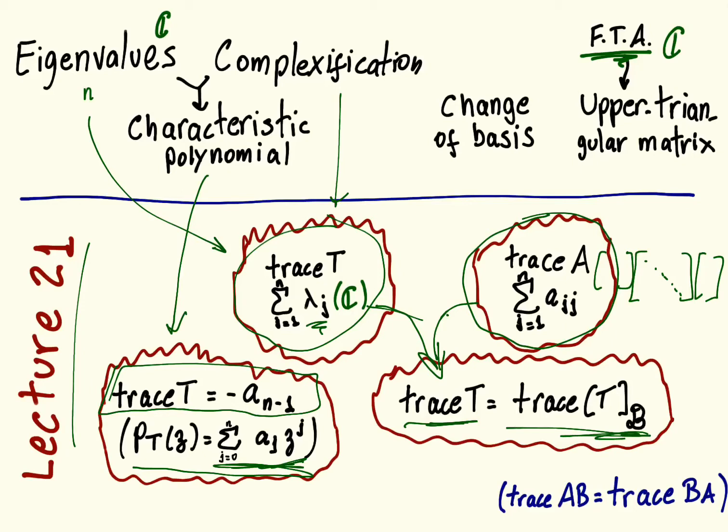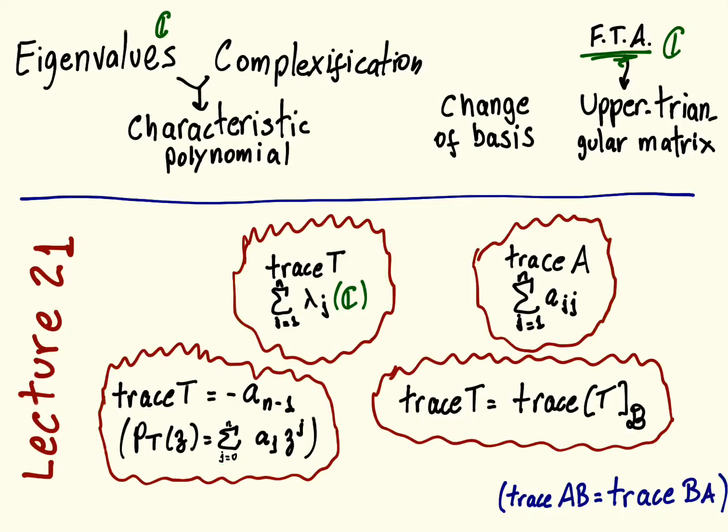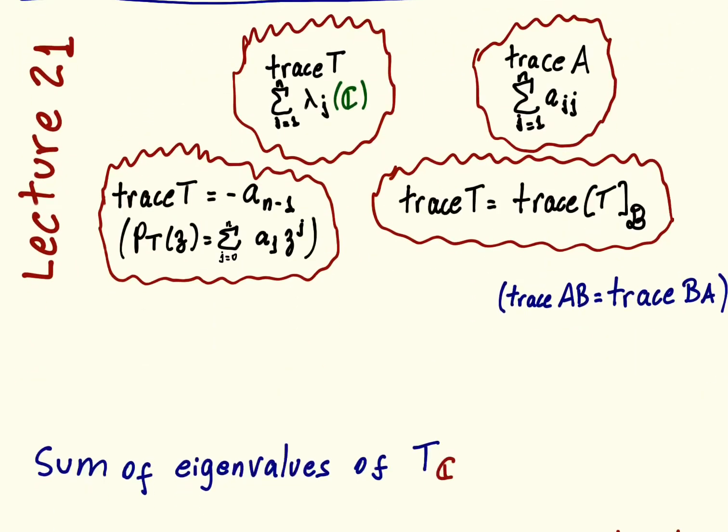So if we multiply a matrix by an invertible matrix on the left and its inverse on the right, this will not change the trace, and this follows from the fact that the trace of the product of two matrices A times B is the same as the trace of B times A. Now there is one point I want to stress, which is that when we compute the trace, we have to sum the eigenvalues of the complexification of T, not just T itself.